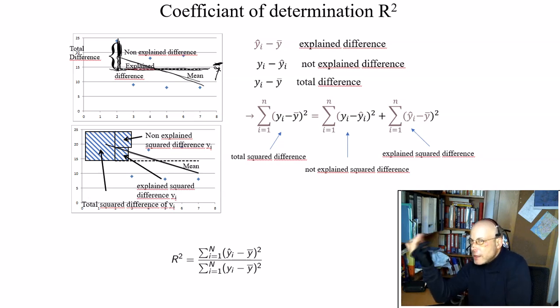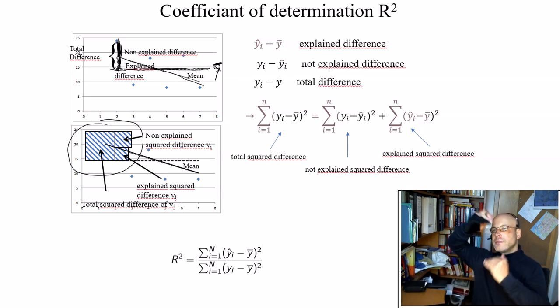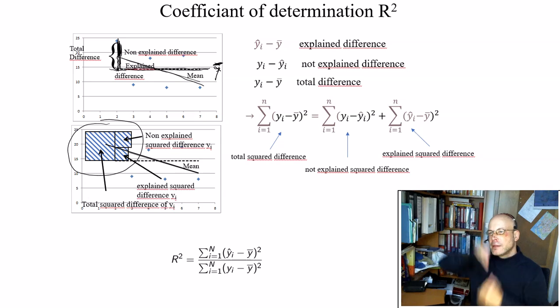Well, we have already talked about this. We are not taking just the absolute distance, we take the squared distance. So the interpretation we have to do not just with the distances, but with the squared distances, which I plotted in the lower diagram.